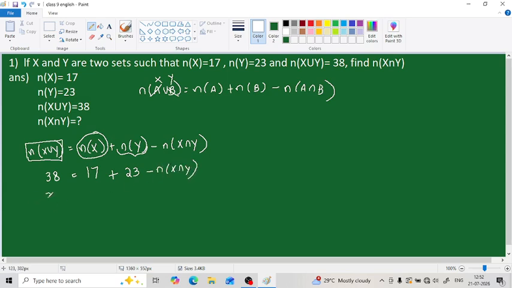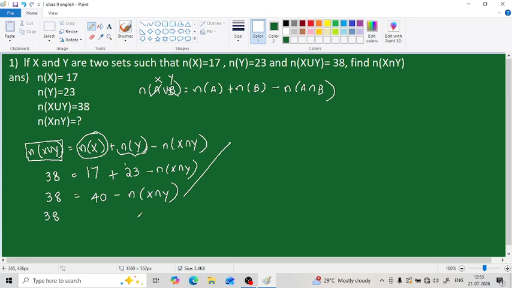Okay, so 38 equals, we have to add this. 7 plus 3 is 10, 0, then balance 1, 2 plus 1, 3 plus 1, 4, so 40 minus n of x intersection y. Okay, from here onwards there are two ways to solve. One I will show here and the other one in the following. So 38 plus, we need the value of n of x intersection y, isn't it?